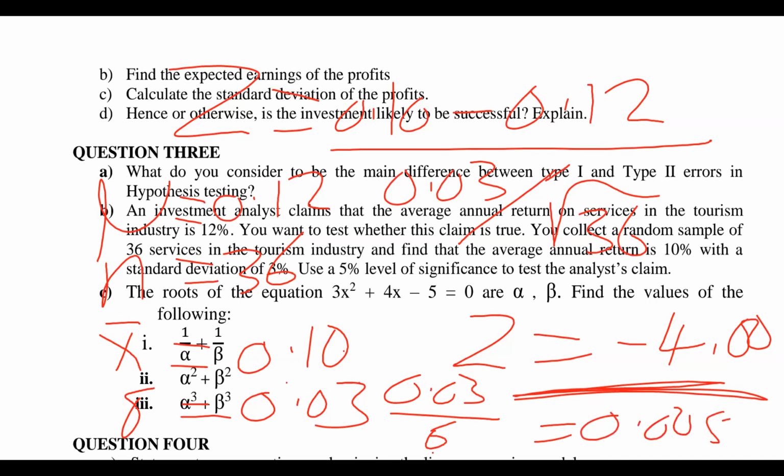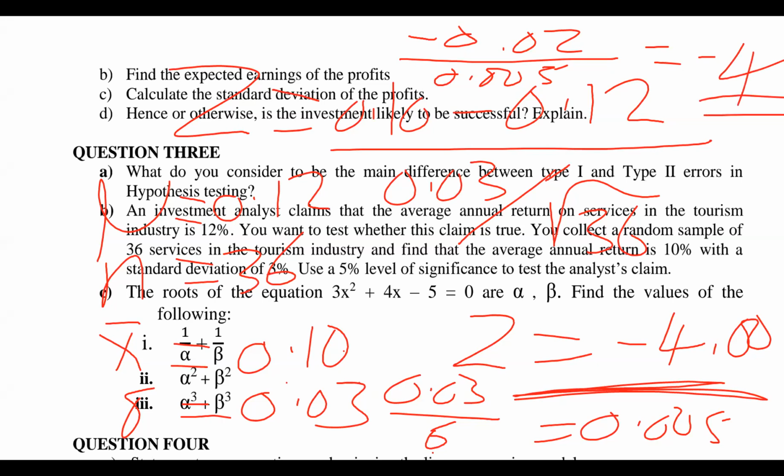How many zeros? Yes, just like that. Then you say, what is negative 0.10 minus 0.12? It should give you negative 0.02, which you should divide by 0.005 to get negative 4. You got that?